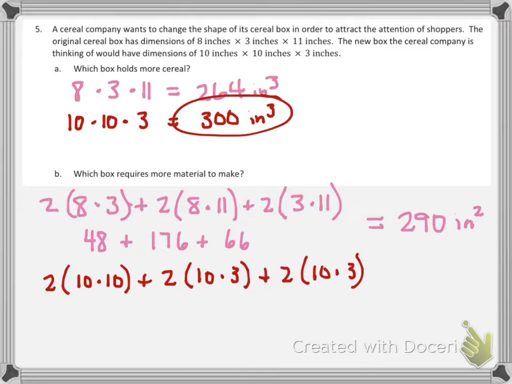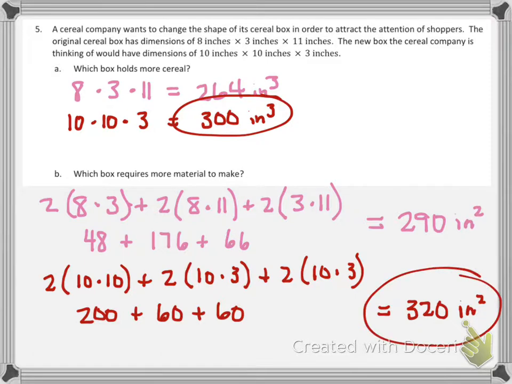And 10 times 10 is 100, times 2 is 200, plus 10 times 3 is 30, times 2 is 60, plus another 60. So 260, 320. So that's 320 square inches is the surface area of the new box, which requires more material to make. The second box requires more material because it has a larger surface area.